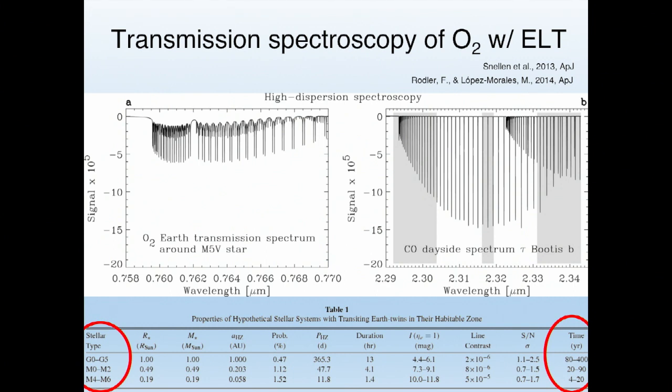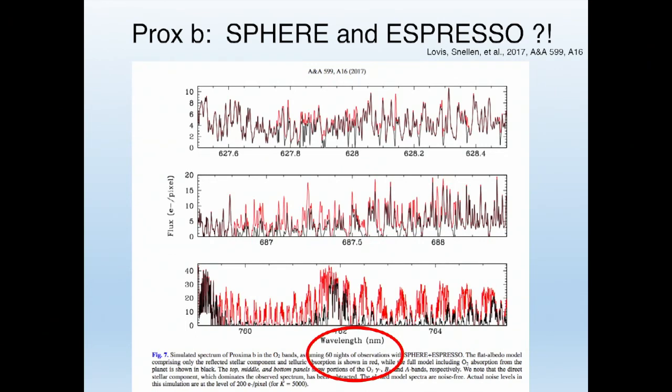The disadvantage is a little bit, depending on the spectral type, these are still many orbits that you need. I think this coincides with what has been said before. Maybe for the M stars, these are 4 years. This is not out of feasibility, but a really interesting case is now Prox-B, as you know, the nearest M star which holds a planet in the habitable zone.